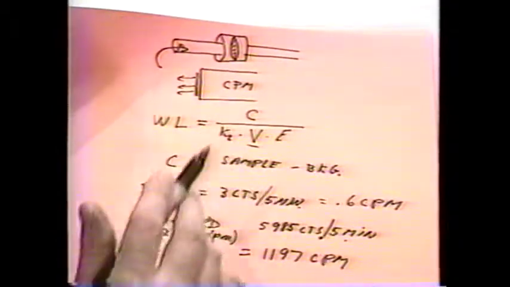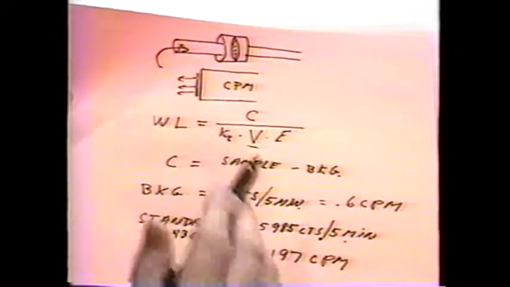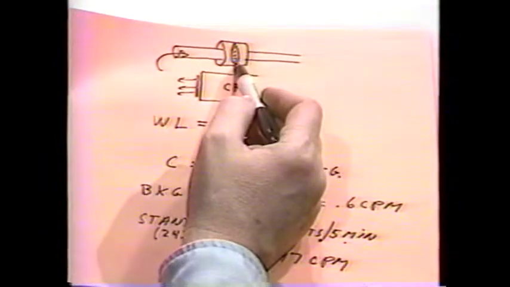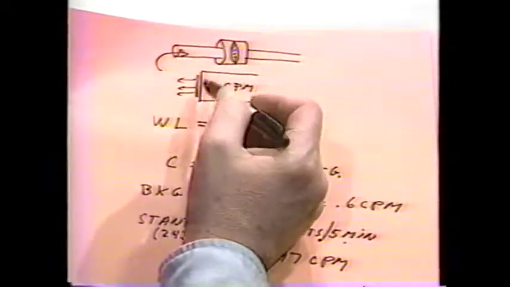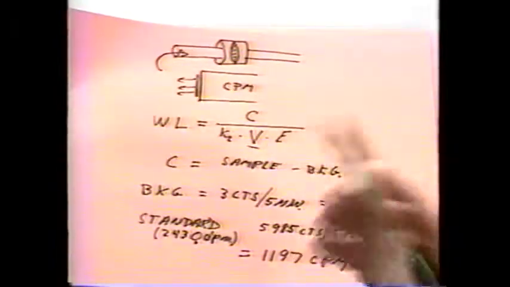And now the final correction is the correction for time. That is, you take the filter paper off of the machine, you bring it over to the detector, and during that time some of the daughters decay, and if you remember, the half-life of the daughters tends to be pretty short. So we have to take that time into account. And that's what the KT factor will do for us.